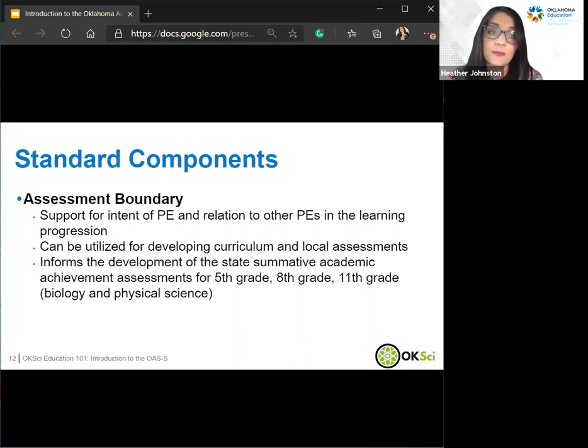The assessment boundaries in 5th, 8th, and for biology and physical science at the high school are used to develop the state tests. So if you're ever wondering how far the state will test your students, the writers of the questions actually have to use the assessment boundary so they stay within our expectations.